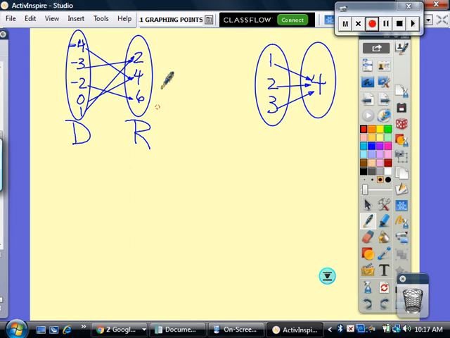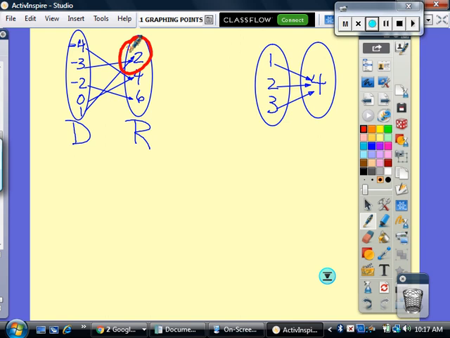Does this represent a function? Does each element of the domain pair exactly with one element of the range? Yes, negative 4 is paired to 4, negative 3 is paired to 2, negative 2 is paired to 6, 0 is paired to 4, and 1 is paired to 2. You might say, well, 2 x's come to that y.